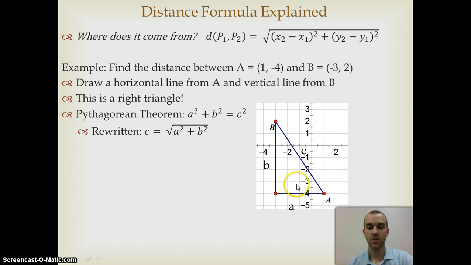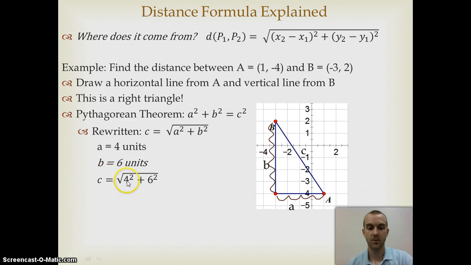And think about what's going on here. If I think about a being my horizontal distance, and I count 1, 2, 3, 4, so my a would be 4 units. And if I count upwards for my b, following that vertical line, 1, 2, 3, 4, 5, 6.